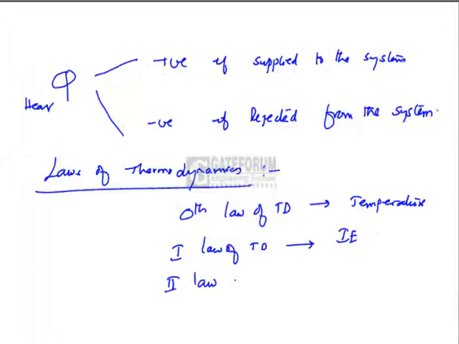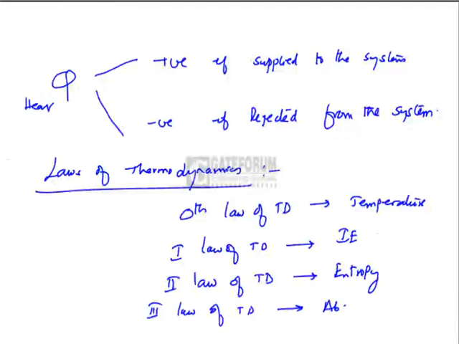And second law of thermodynamics, which defines entropy as a property. In fact, there is a third law of thermodynamics also, which defines the absolute entropy of a perfectly crystalline material at absolute temperature or 0 Kelvin. But the first three laws, that is zeroth law, first law and second law, are very important from our perspective of the subject.